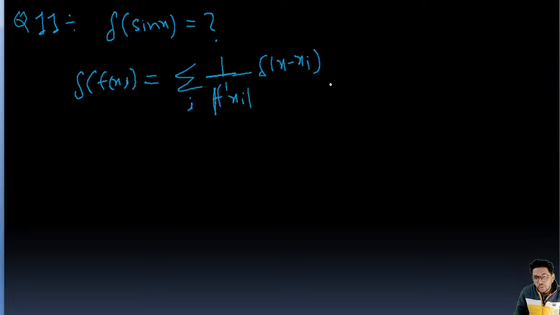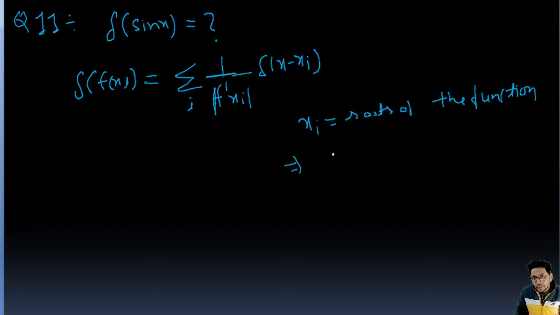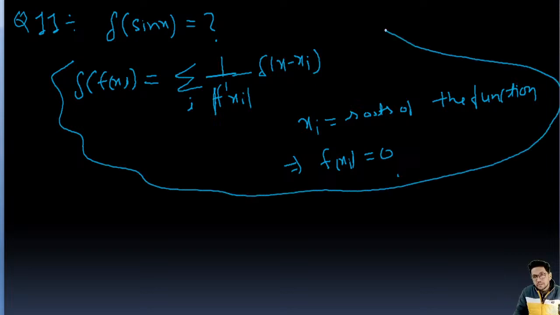Xi are the roots of the equation, the roots of the function, which we can find out by putting f(xi) equal to 0. In the function we replace x by xi. This is a very important property, guys.